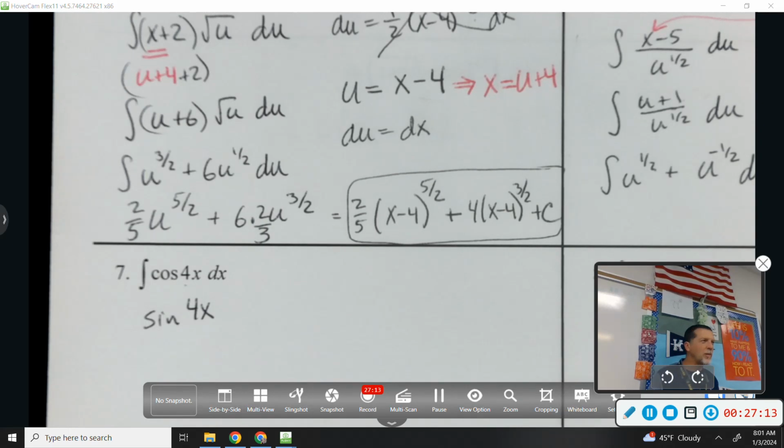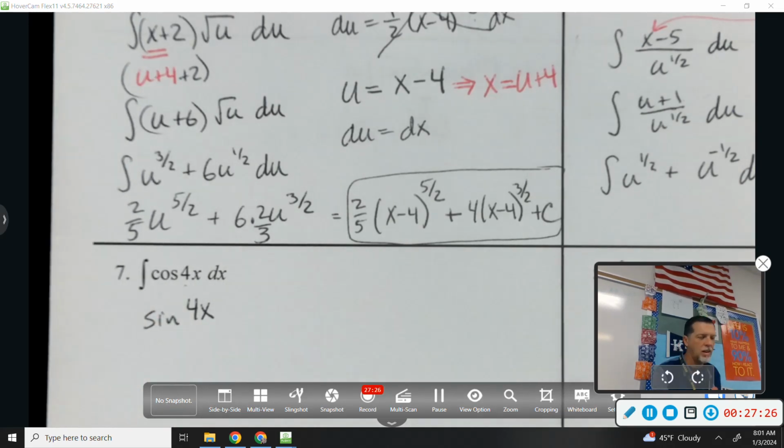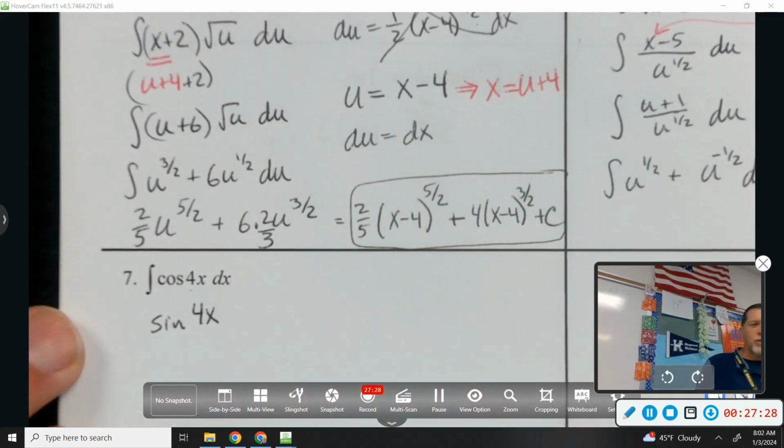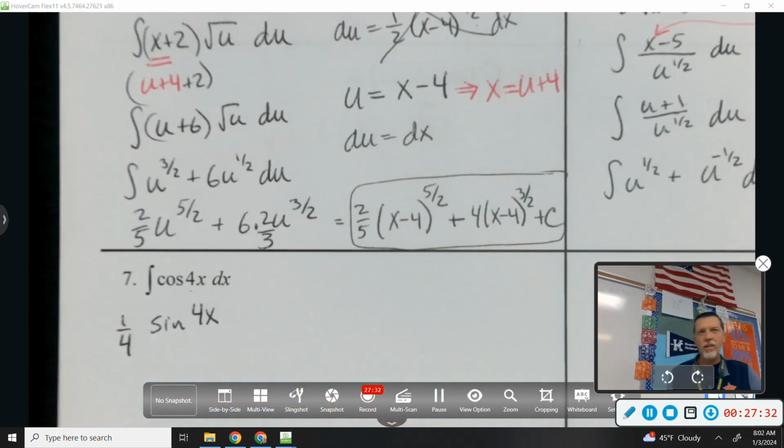But there's still something not quite right about that. Because if I took the derivative of sine of 4x, I would get cosine 4x times 4. So in order to sort of undo the times 4, I could just put a 1/4 out front.